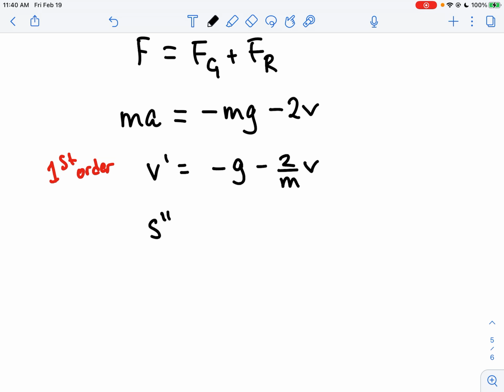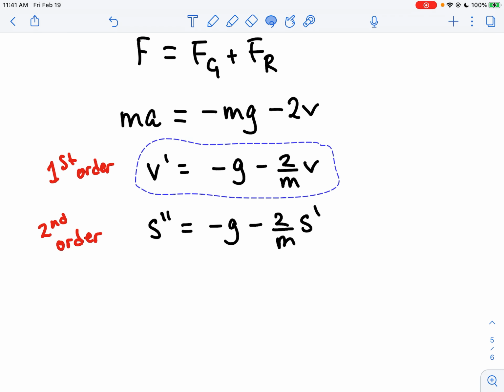So we could change this to s double prime, where s is the position function, equals negative g minus 2 over m times, and v would be s prime. And just like that, we really had a second order differential equation we were working with. However, we were able to treat it like a first order and solve that to get the v function. And then once I knew the v function, I could then anti-differentiate and get the s function. That's what we did in our homework.